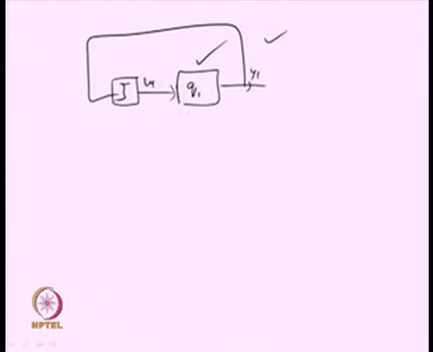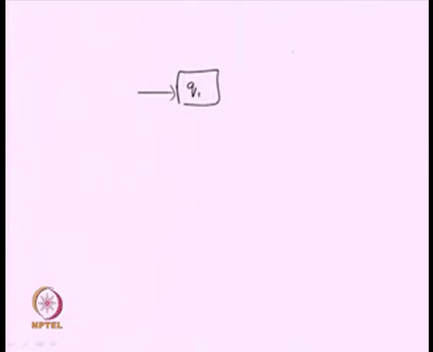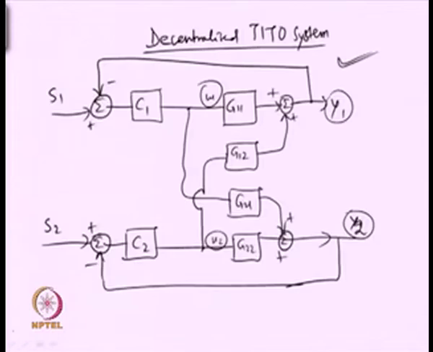So, what will be Q1 now? So, before connecting this, what is Q1? Q1 is having the input U1 and output Y1. So, please say the input U1 and output Y1. So, how can I find this one? This is possible provided I consider this part of the diagram.